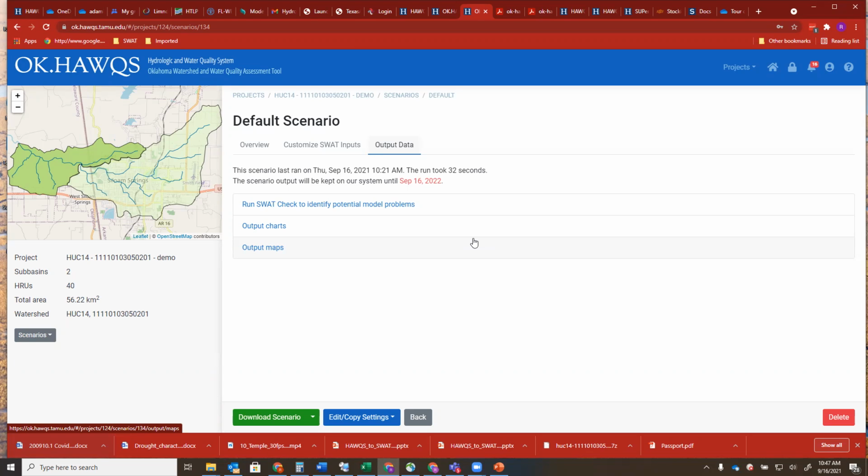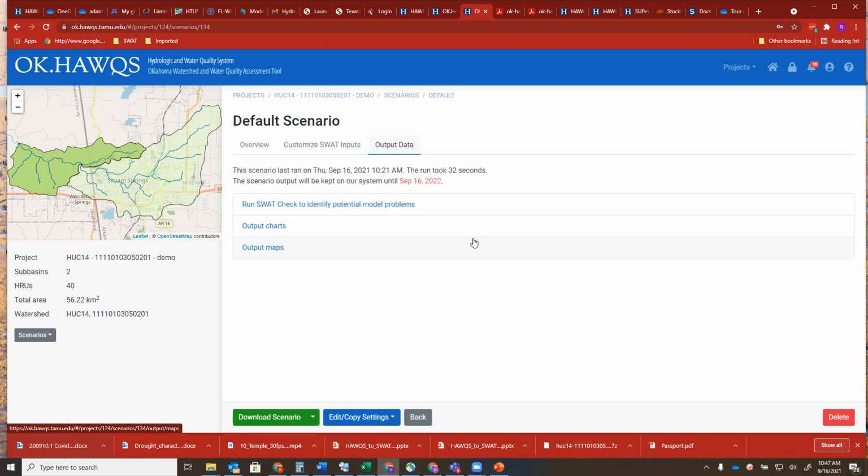If you have done a calibration already and you know what parameters work, you are welcome to share with us. This is a community-based modeling system, so everybody can participate and benefit from others' work, so that we don't have to repeat it. The main idea of HAWQS itself is sharing data and models across the platform so that everybody can benefit from that model, rather than just one group or one agency having done that model for a specific purpose.